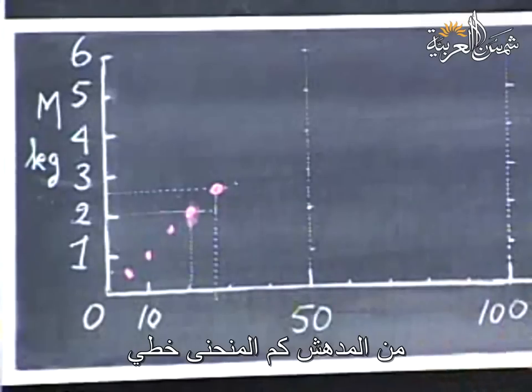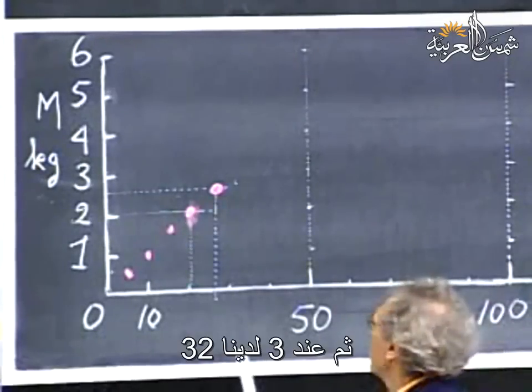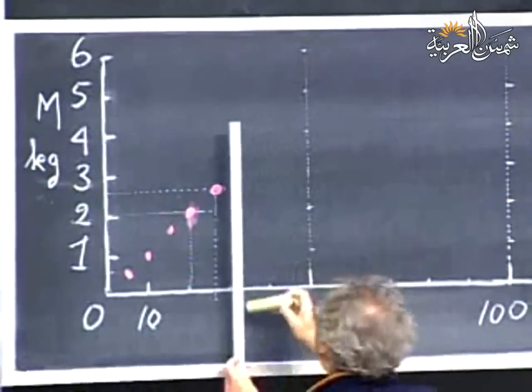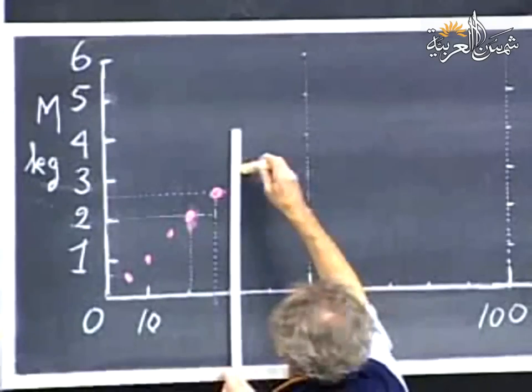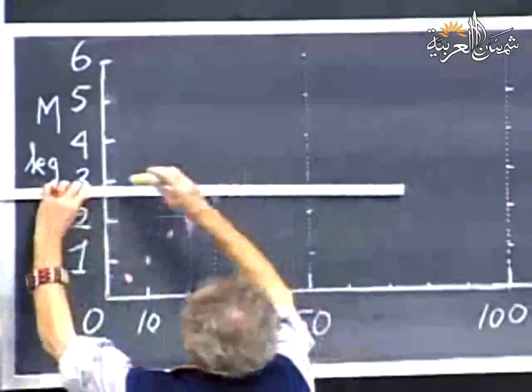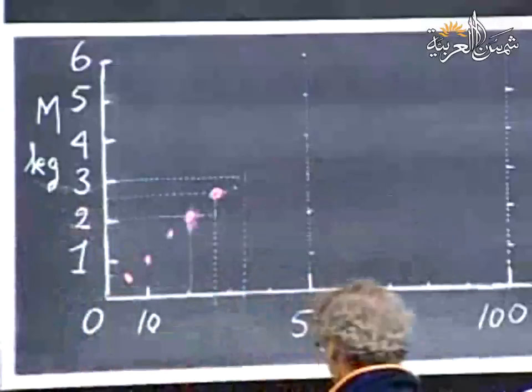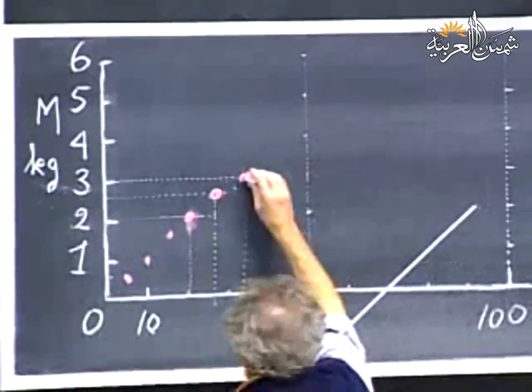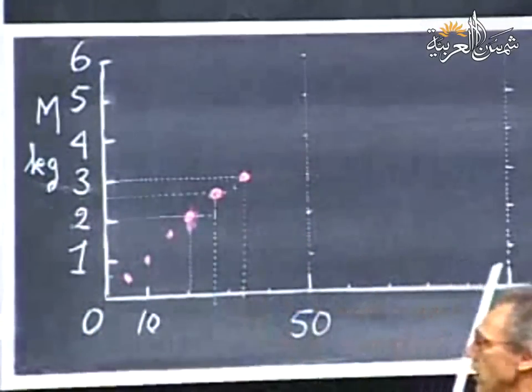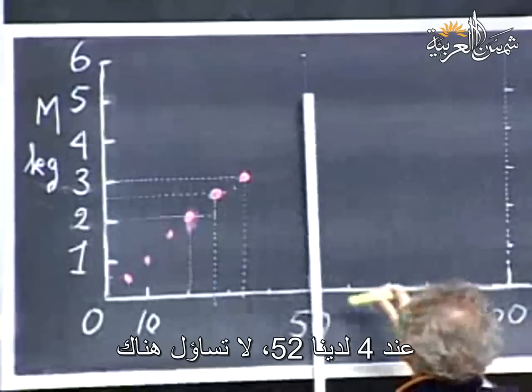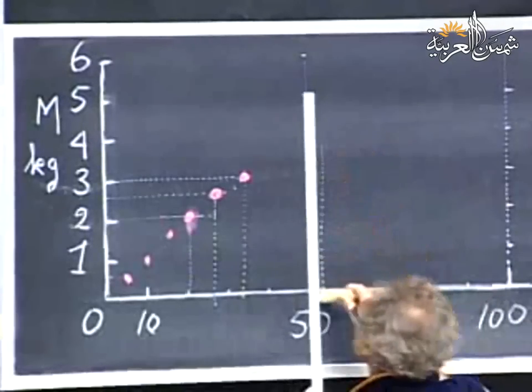Amazing how linear that is. And then at 3, we have 32. Looks like it's beginning to bend over. At 4, we have 53. No question.